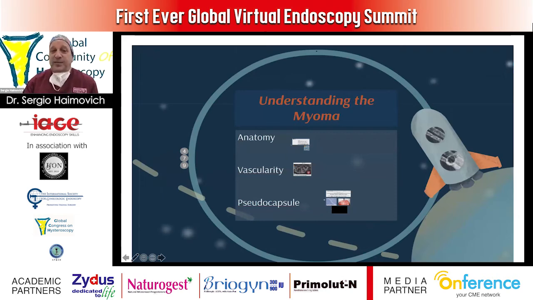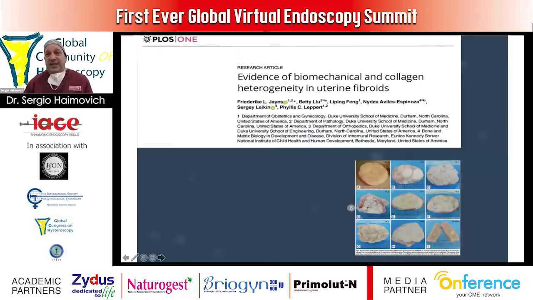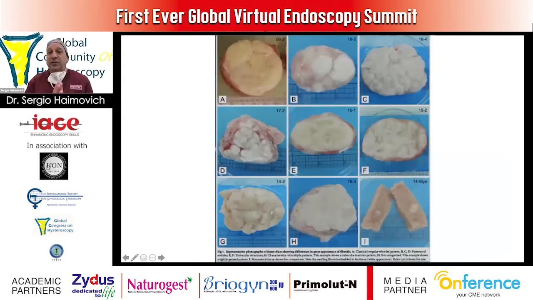Regarding the anatomy, not all the myomas are the same. They are different. All of them have a matrix with collagen and other products, but they're completely different. If you see the picture here, B, C, and also D, the structure of this fibroid, of this myoma, is nodular. And then in E and F, you can see a trabecular structure.